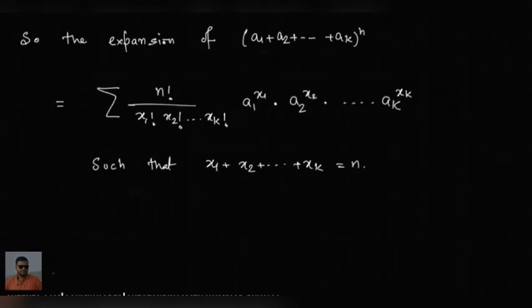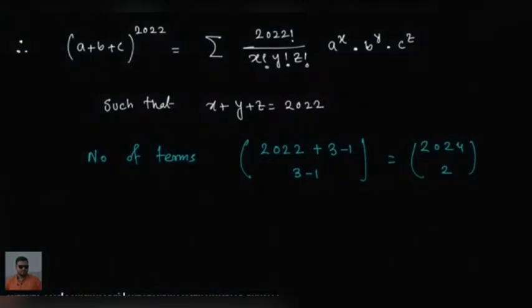Now using the same idea, we can say the expansion of (a plus b plus c) to the power 2022 would look like this: 2022 factorial by x factorial times y factorial times z factorial, times a to the power x times b to the power y times c to the power z, such that x plus y plus z is 2022.